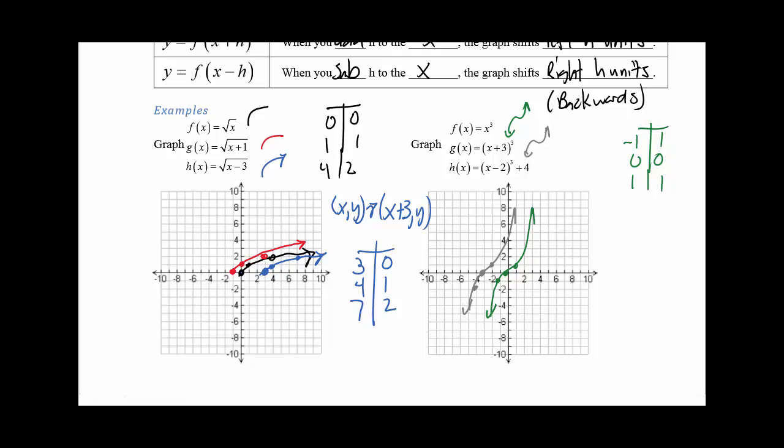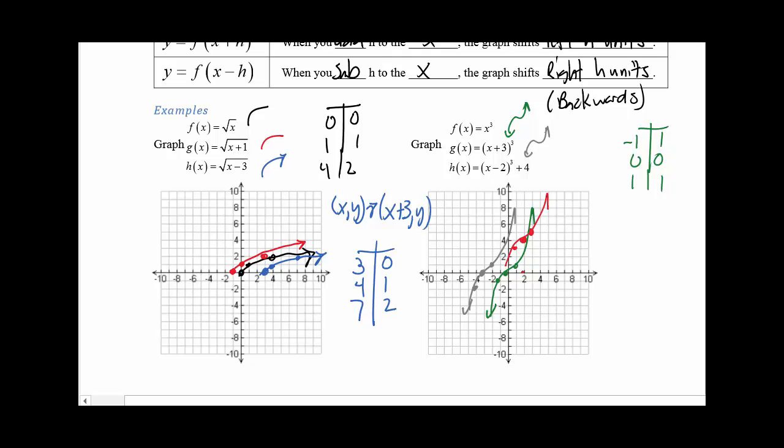Okay, so this next one is a little more complicated because we've got 2 different transformations going on. I've got a -2, which means I'm going to move over 2, but I've also got a +4, which means I'm going to move up 4. So for each of my points, I want to move 2 to the right and 4 up.